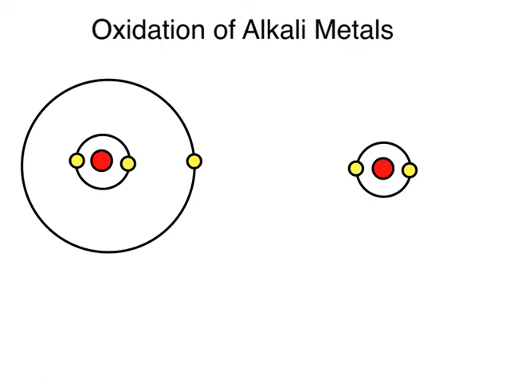Now the lithium loses an electron, and that becomes lithium plus. Okay, now what I'd like you to do is draw the diagram that we have here and the equations for, let's just do the three alkali metals, so lithium, sodium and potassium.